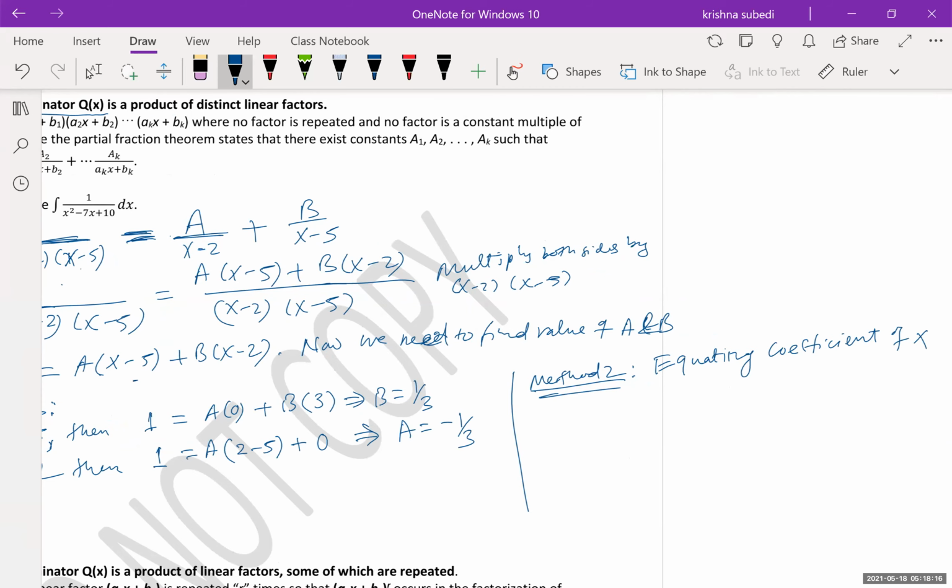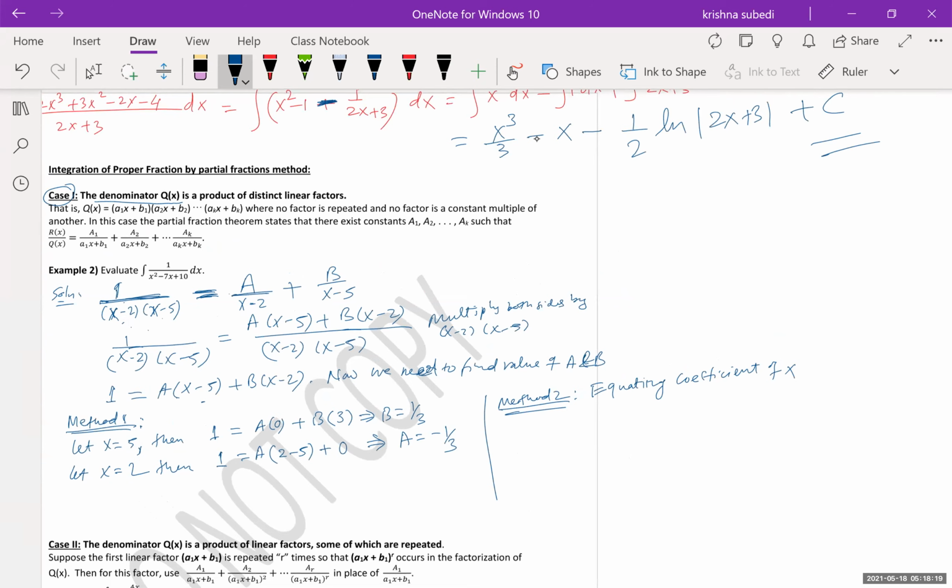Let me copy the same equation here. So 1 equals ax minus 5a plus bx minus 2b. Or I can write 1 equals (a plus b) x and then minus 5a minus 2b.